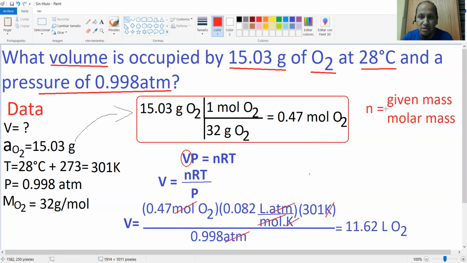That's what we did. If you check the conversion factor which was used, the given mass was the 15.03 divided by the molar mass of the gas, in this case, or of any kind of substance, 32 grams per mole. And then we got the number of moles.